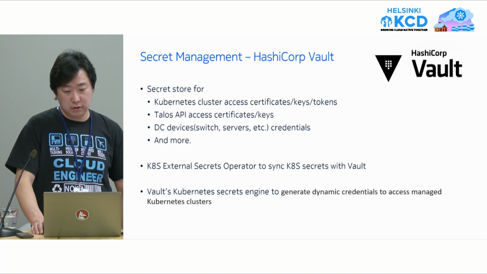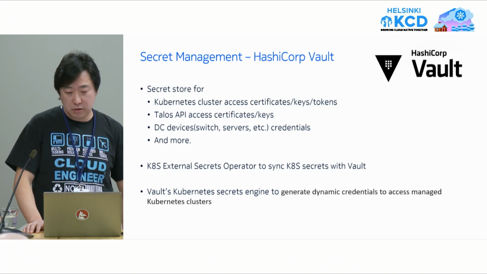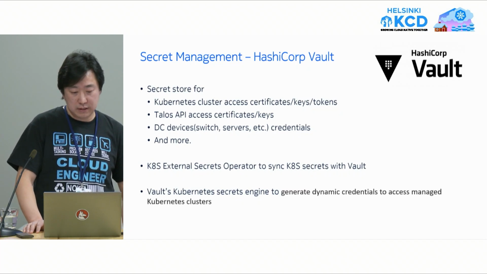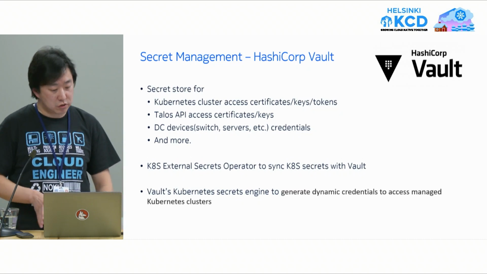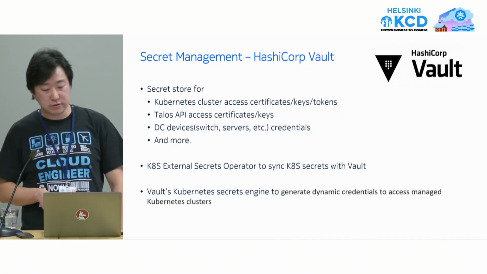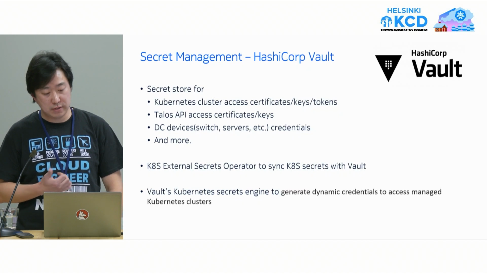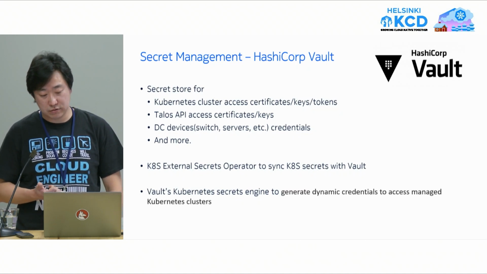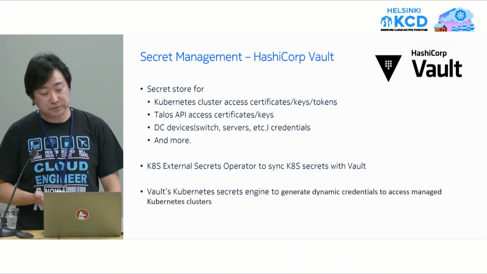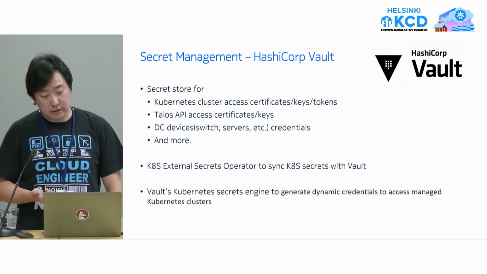For secret management, HashiCorp Vault is used as a secret store for storing Kubernetes cluster access credentials, the Talos host API access credentials, and DC device credentials like switches and more.